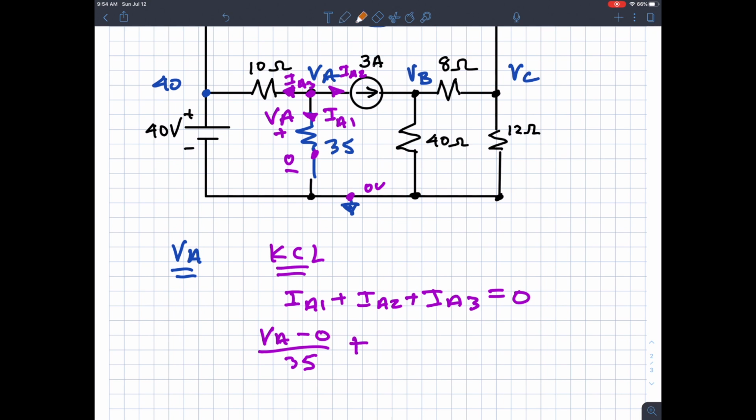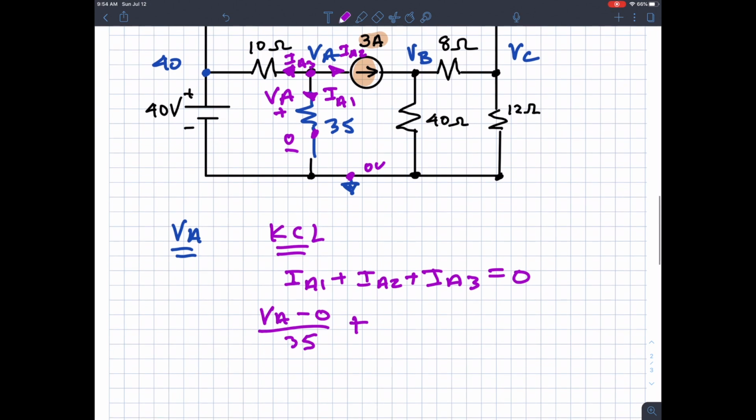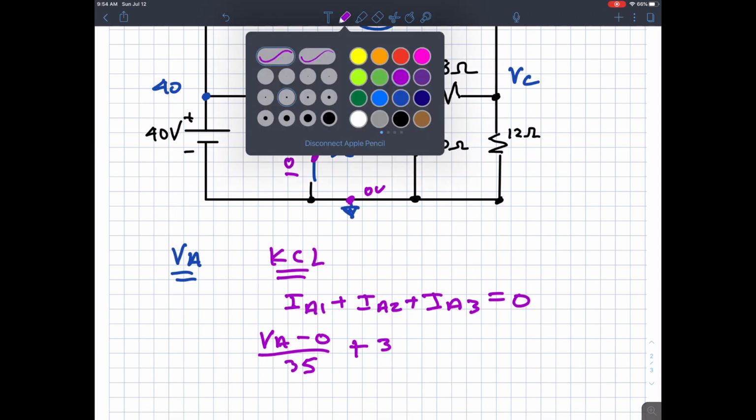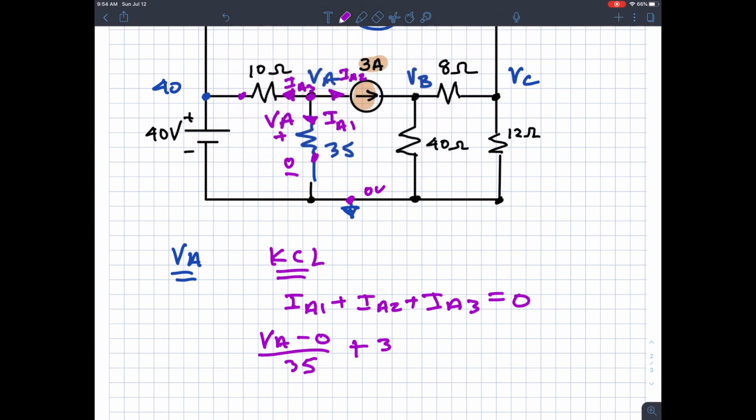Now IA2. I look at IA2. IA2 is referenced in the same direction as this independent current source, so IA2 is really easy in this case. It's just 3 amps. And then finally, IA3, I look at this, my question is, where are the dots? I have a dot on one side of the 10 ohm resistor.